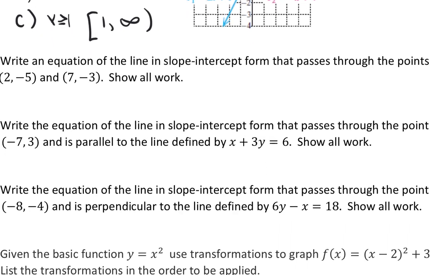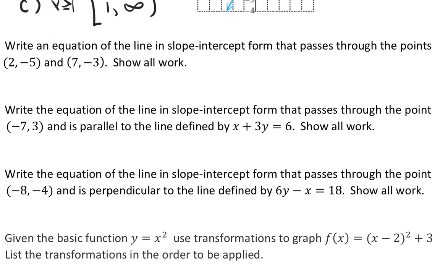Number 19. Write an equation of the line in slope-intercept form that passes through the points 2, negative 5, and 7, negative 3. So, what we need here in this equation is m and b.